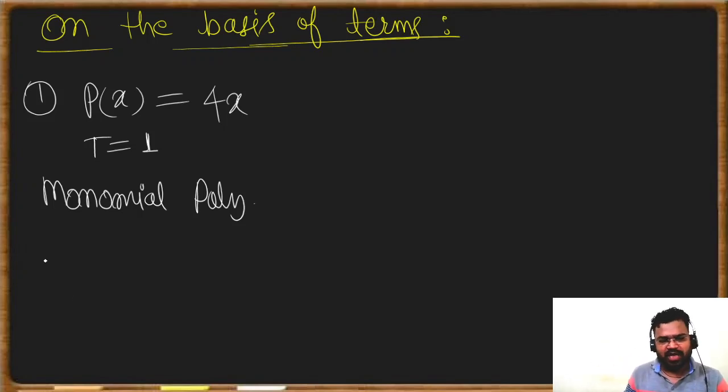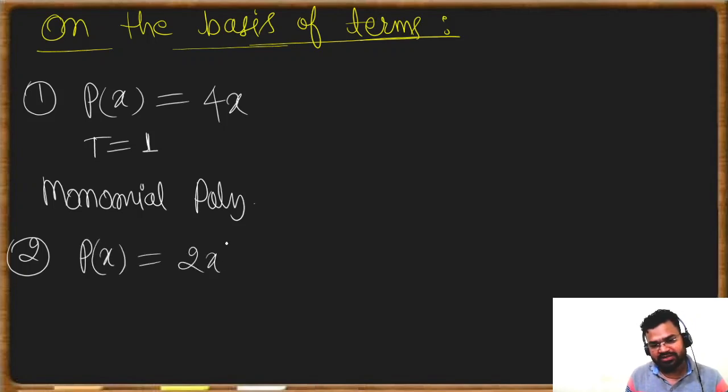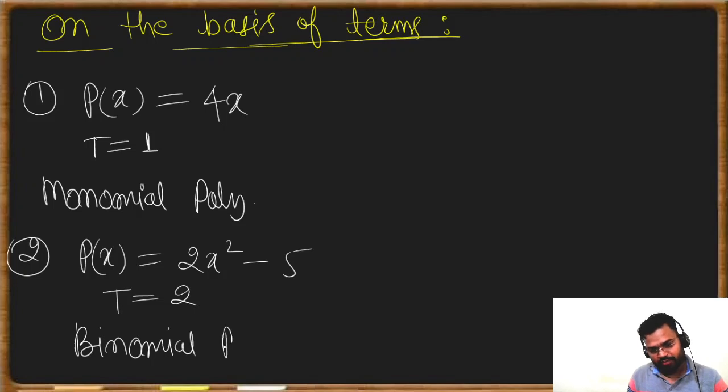Yes or no? If a polynomial has two terms, like 2x square minus 5, how many terms are there? You can say there are two terms, and it is known as a binomial polynomial.